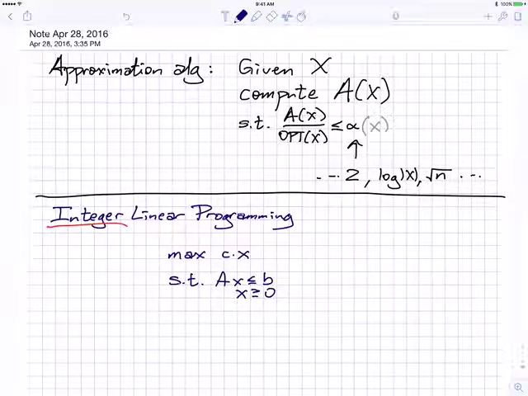Okay, so this is a linear program in canonical form. If I want to make this an integer program, I will add one more constraint, which is that each of these d coordinates, this d-dimensional vector, must be integers. Okay.